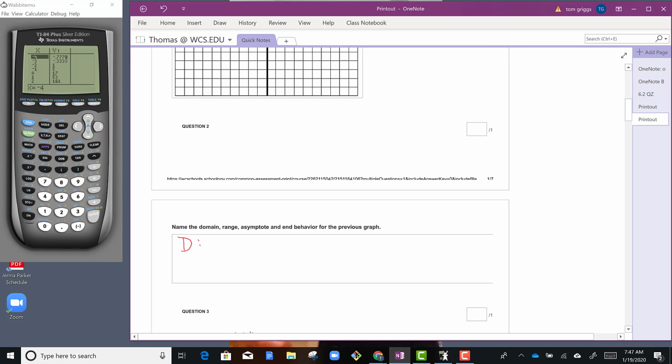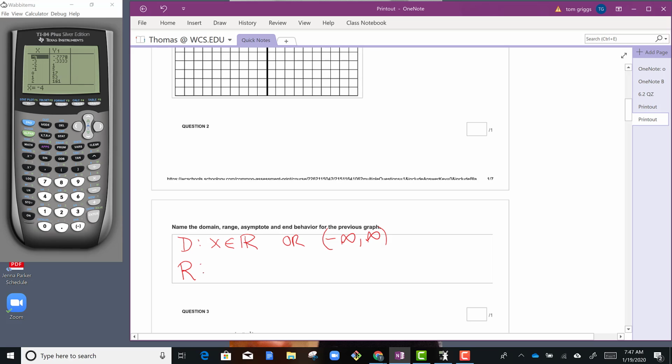The domain is all real numbers, because the graph is going left and right infinitely. You may also write it as -infinity to +infinity. Both those ways are correct.